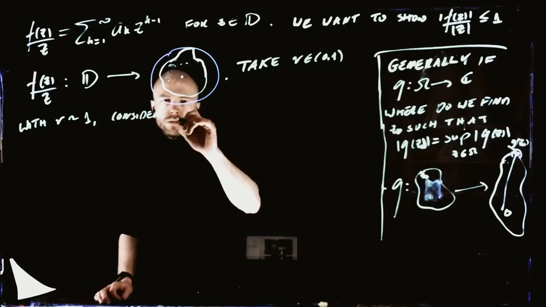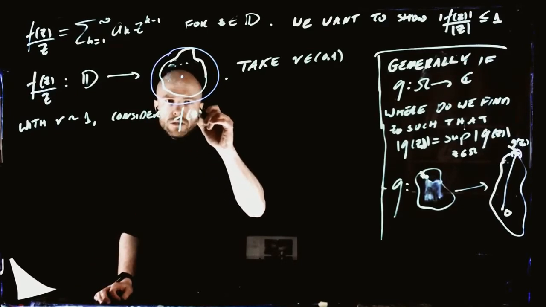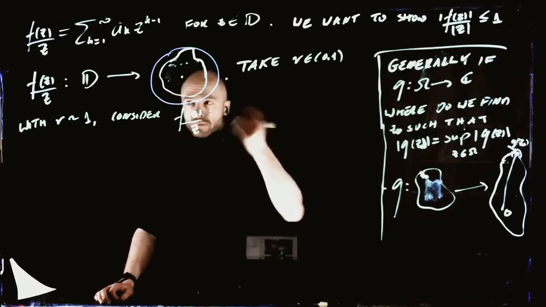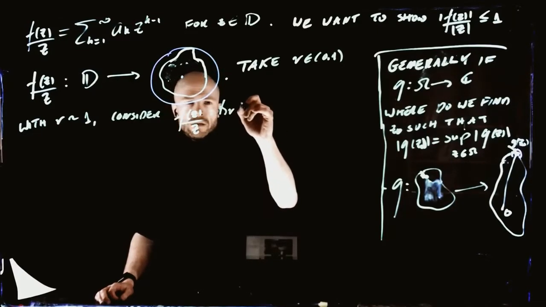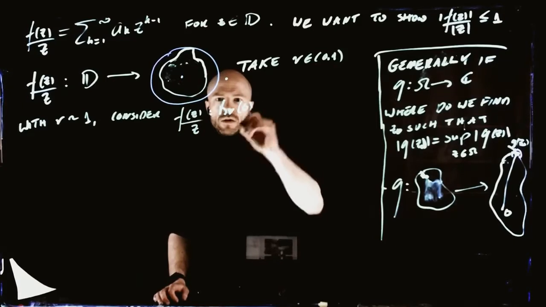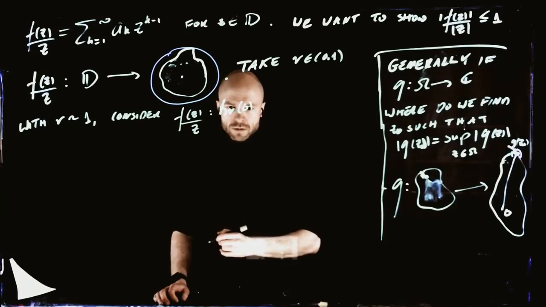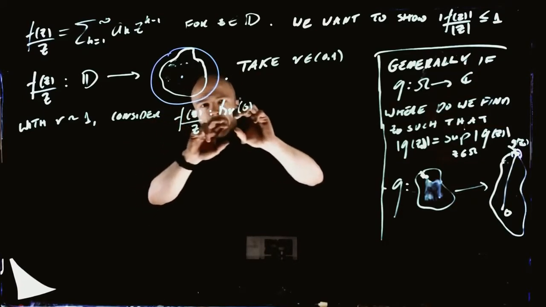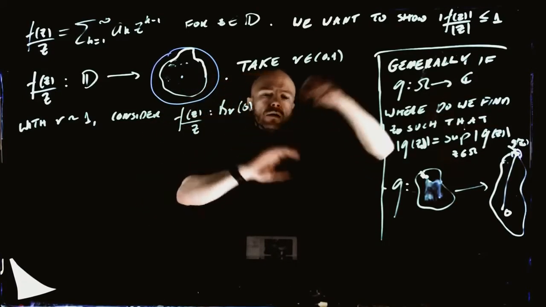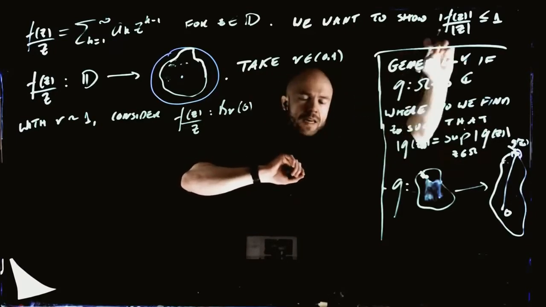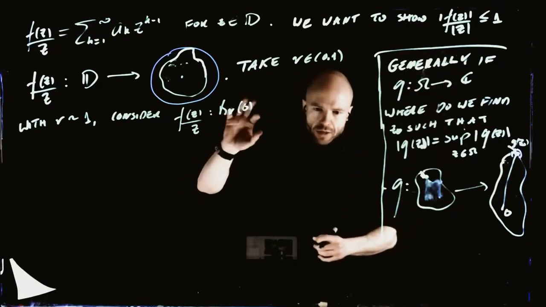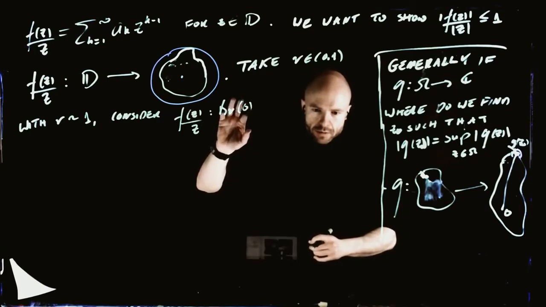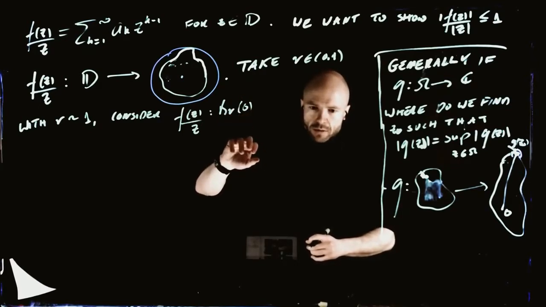Consider f of z over z on B_r of 0. If we try to find the point taking it furthest away from 0, that has to be achieved on the boundary somewhere.